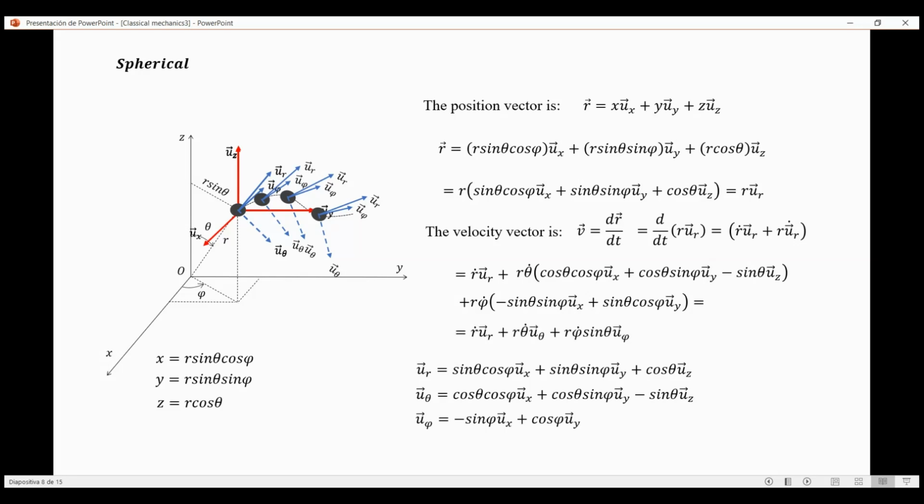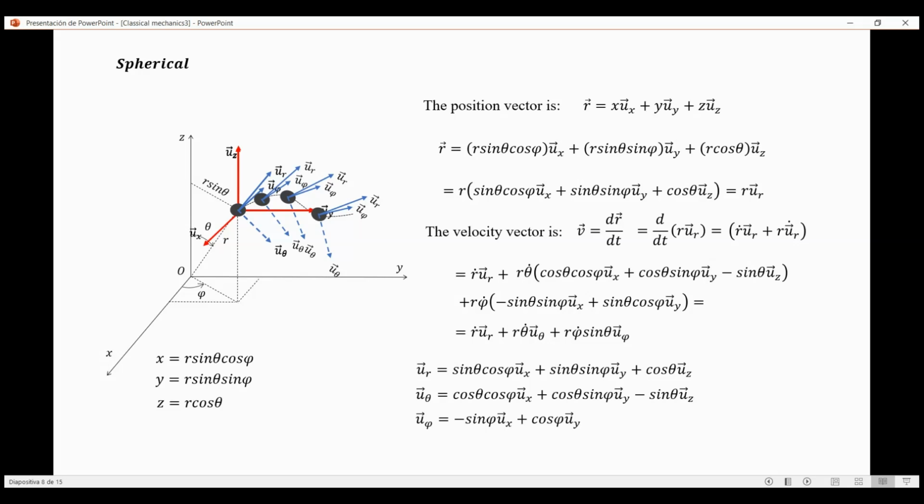But this inside the bracket here, cosine of theta cosine of phi ux plus cosine of theta sine of phi uy minus sine of theta uz is simply u sub theta. So this is why it appears here, r theta dot u sub theta. And this second bracket here is u phi.